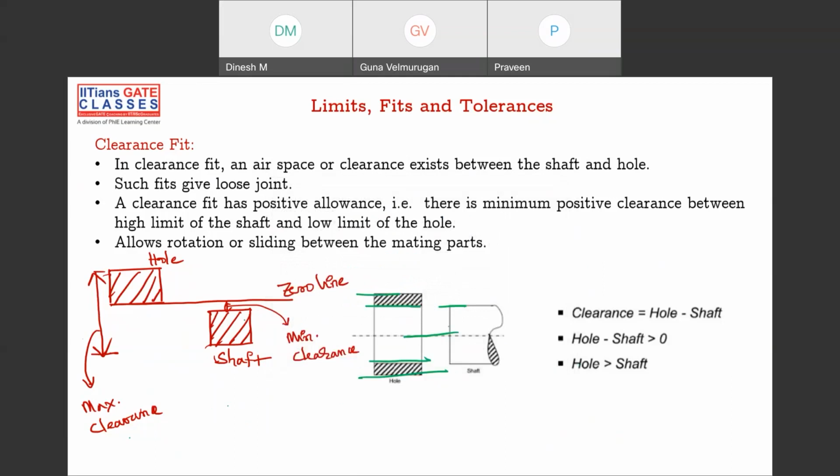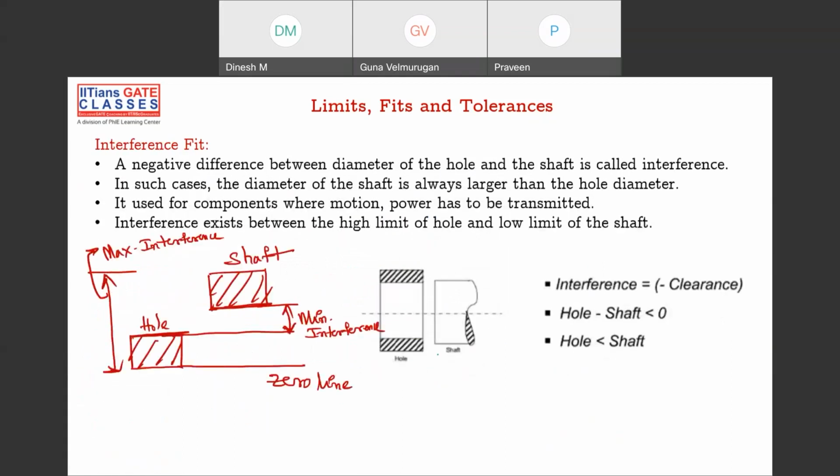If you see, you take any dimension of hole, you take any dimension of shaft. But here the hole is below. You take a very small hole size, but the minimum dimension of shaft is much higher than the maximum dimension of hole. That's the reason why this is the minimum interference.